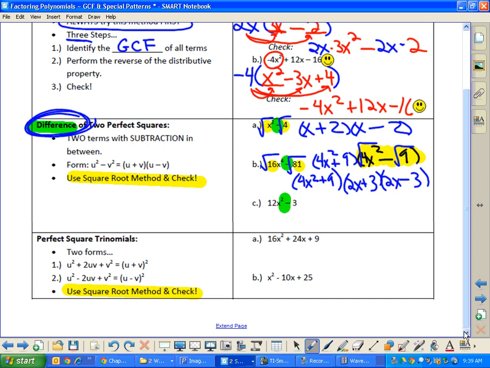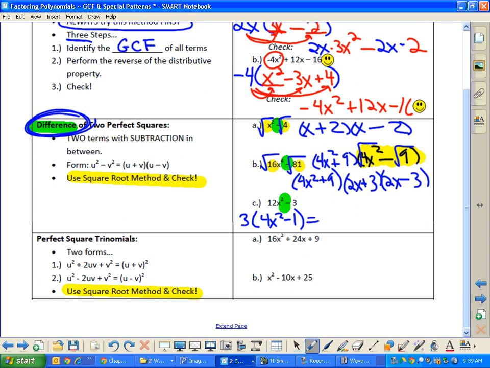Okay, last one of the day. It's the same method. We're going to use the square root method to do it. It just works out slightly differently. If you take a look at part C, did you try part C? Some of you have it done already. GCF method first, you pull out the 3, and then we have 4x squared minus 1.